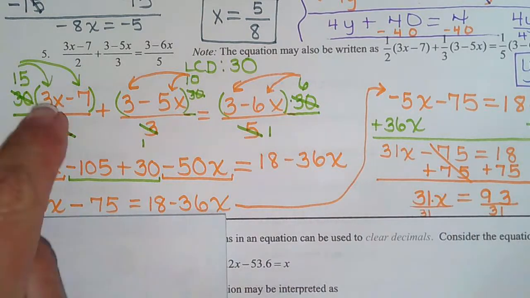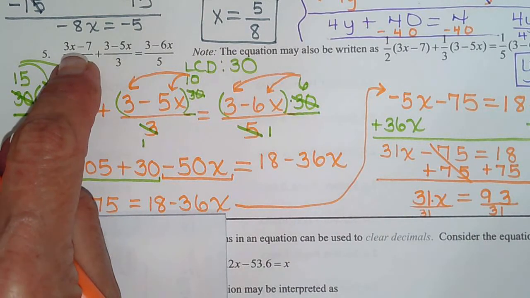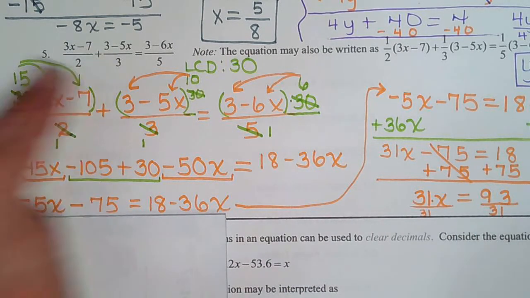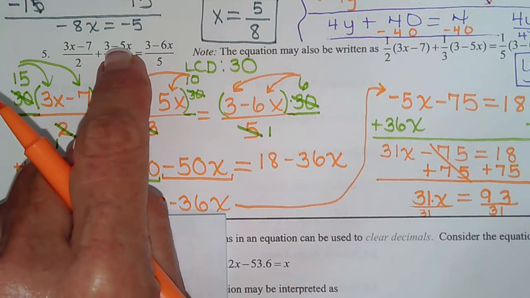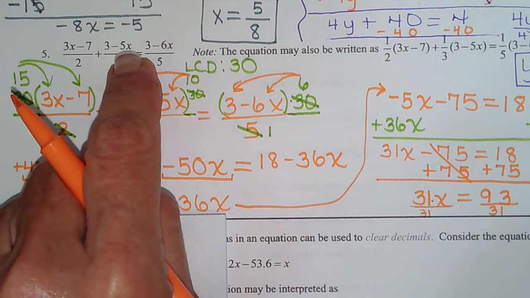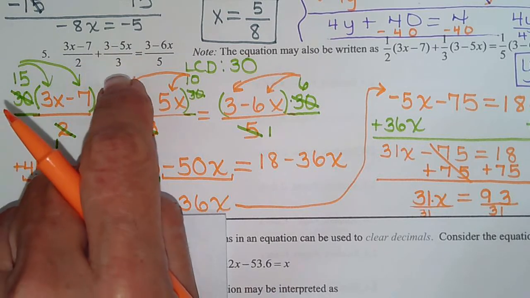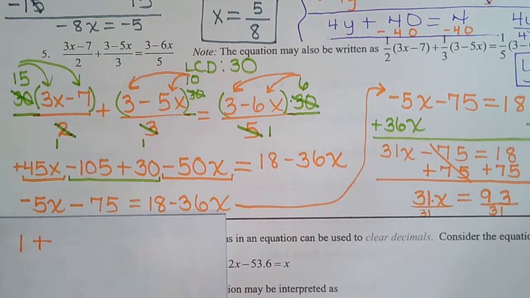So I put the 3 in. 3 times 3 is 9, minus 7 is 2. 2 divided by 2 is 1. So I would just keep track of it here as I do my check. We don't have room, so that's why I'm doing it on this separate sheet here. 3 minus 15, because 5 times 3 is 15, is negative 12, divided by 3 is negative 4.